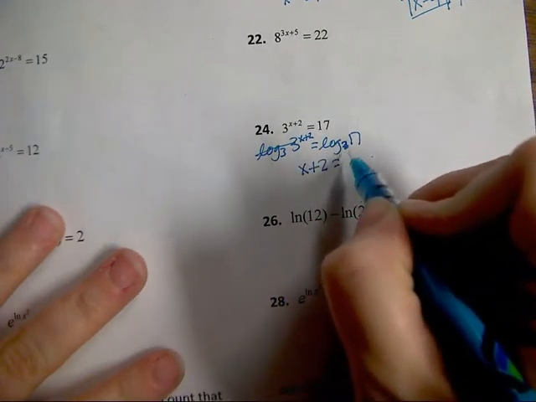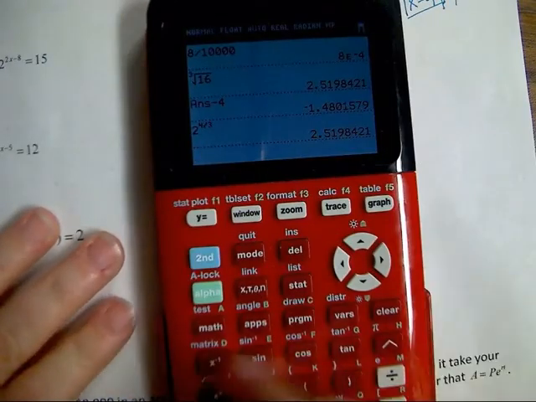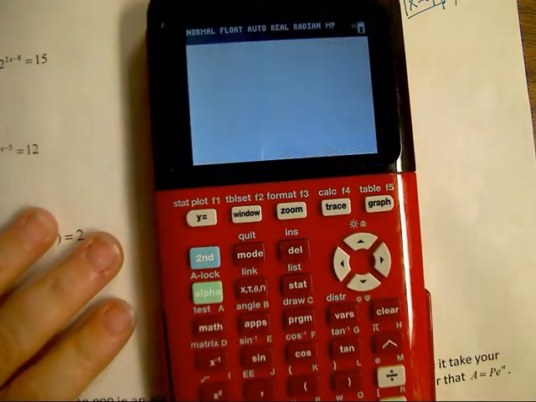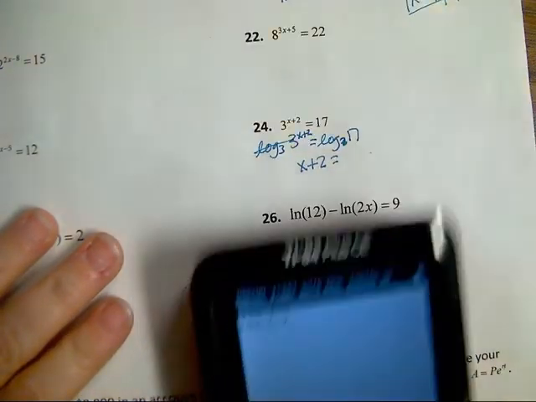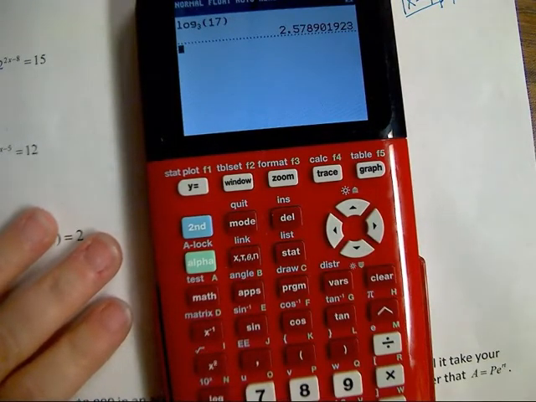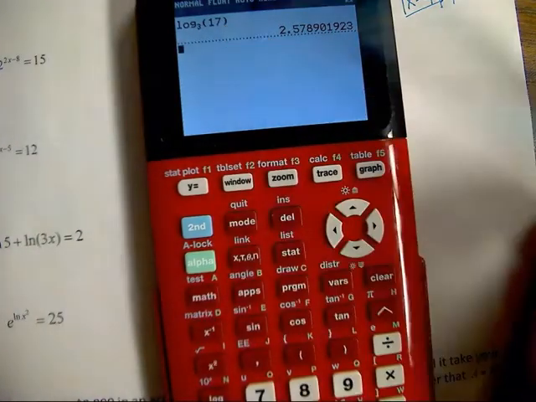Log base 3 of 17 is a number, right? So remember, we are going to go to math, log base 3 of 17 to give me 2.58. Remember, if you can't use that function, you can do change of base.